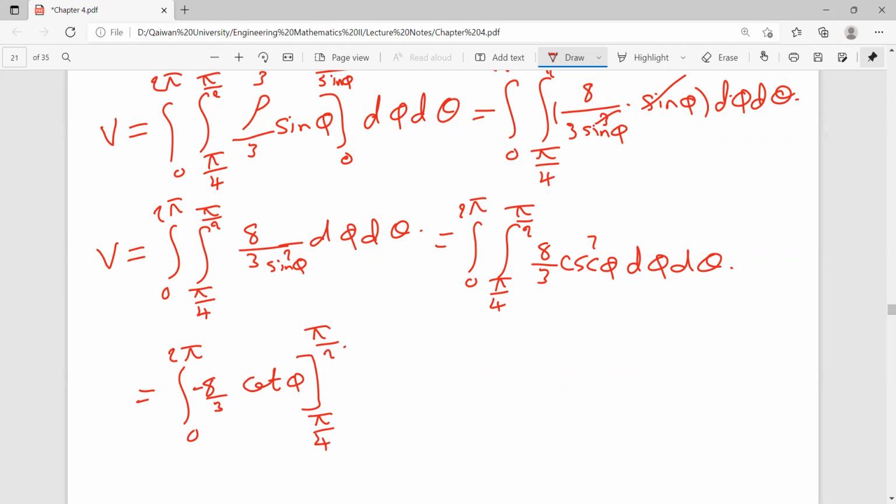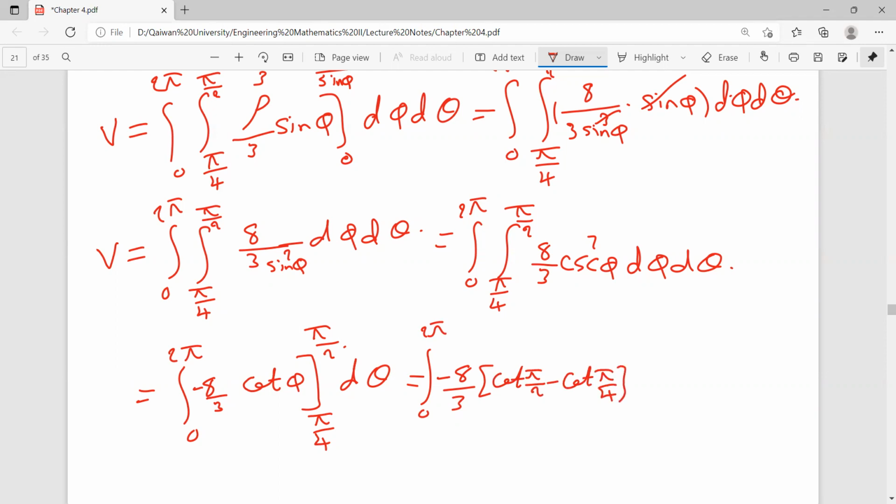And cotangent is cosine over sine. This is d theta. Now we have minus 8 over 3, integration from 0 to 2 pi, multiplied by cotangent pi over 2 minus cotangent pi over 4.